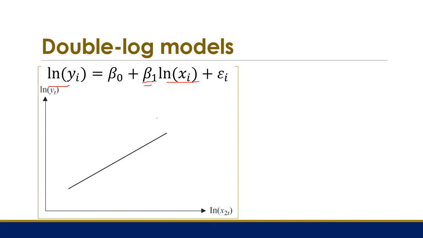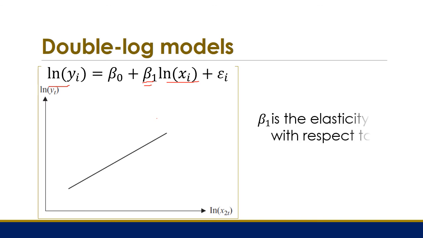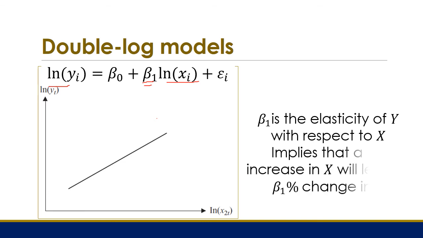Now, how do we interpret beta 1? Beta 1 gives us the elasticity of y with respect to x, and it is interpreted to mean that a 1% increase in x will lead to a beta 1% change in y.